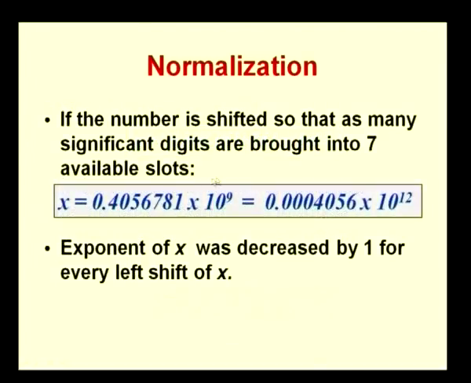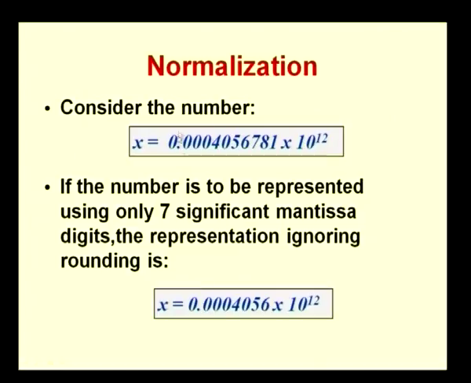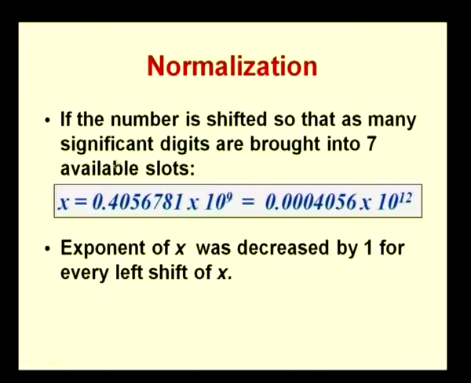If you write it like that, then you can see that this number, with all the significant digits that we want in place, can be represented using just these same 7 slots that are available to you. So, what do we do here?